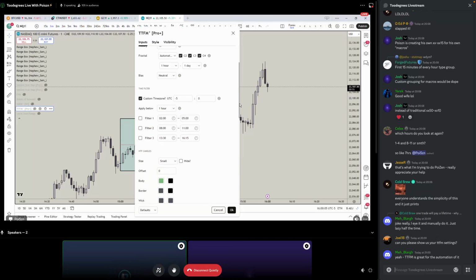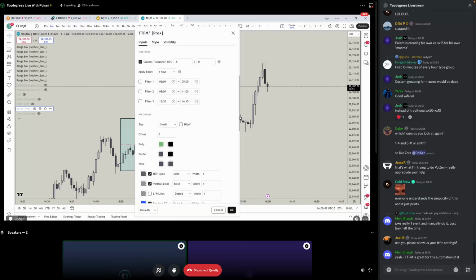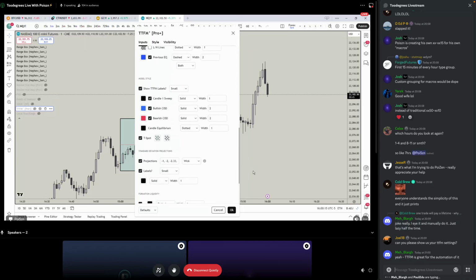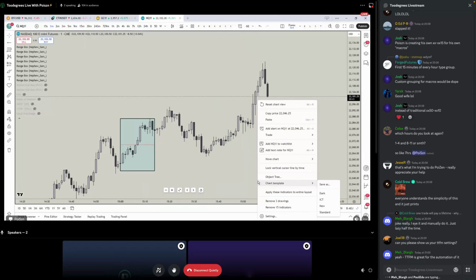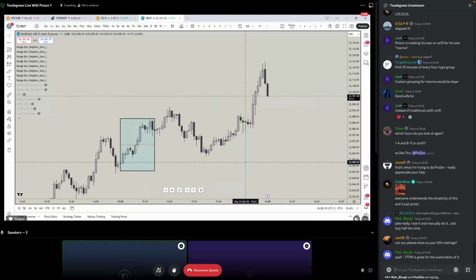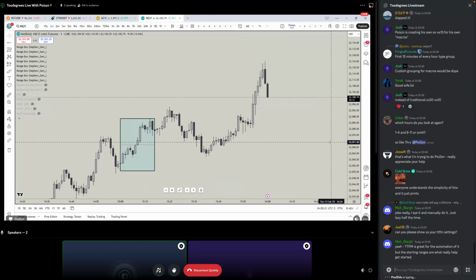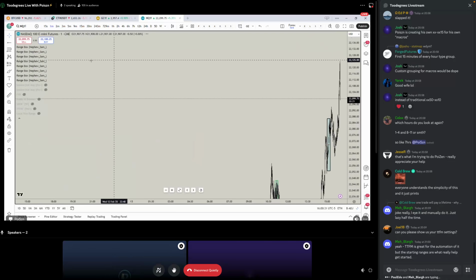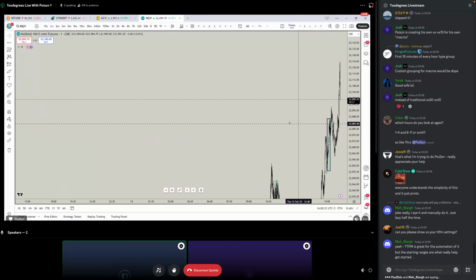The only addition I made is 2.33 for the standard deviation projections. And I project from wick to wick, not body to body.